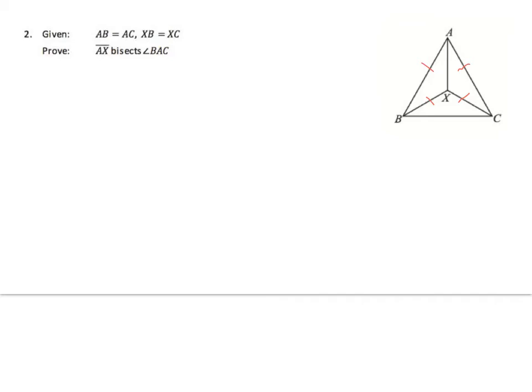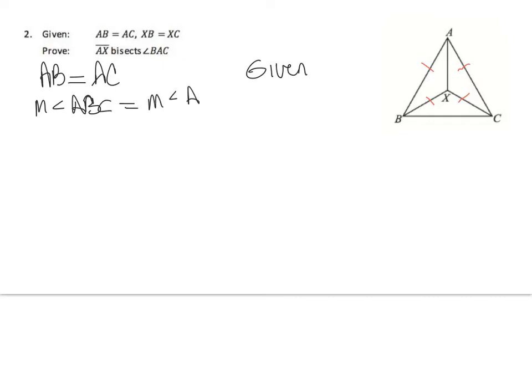So AB equals AC, that is given. And the measure of angle ABC is equal to the measure of angle ACB. And that's because they are base angles of an isosceles.